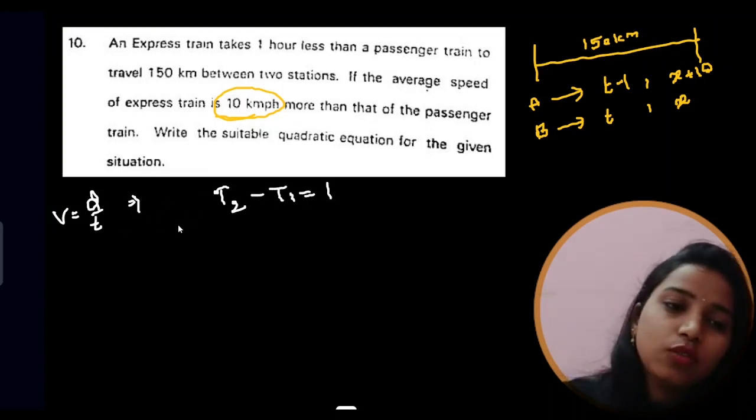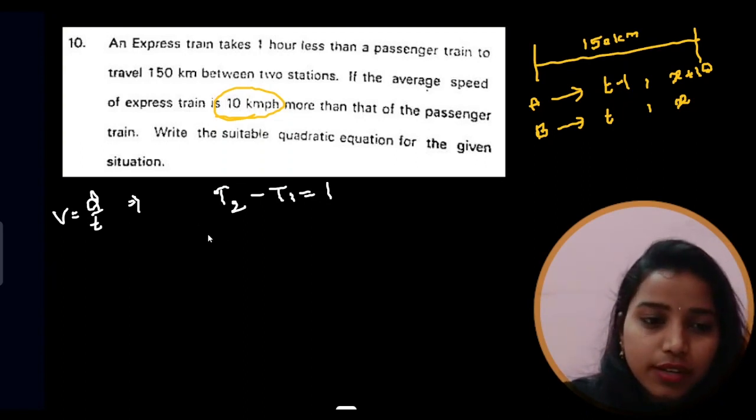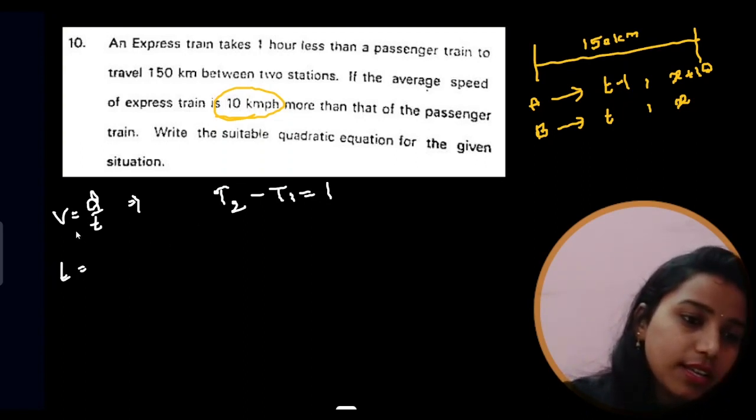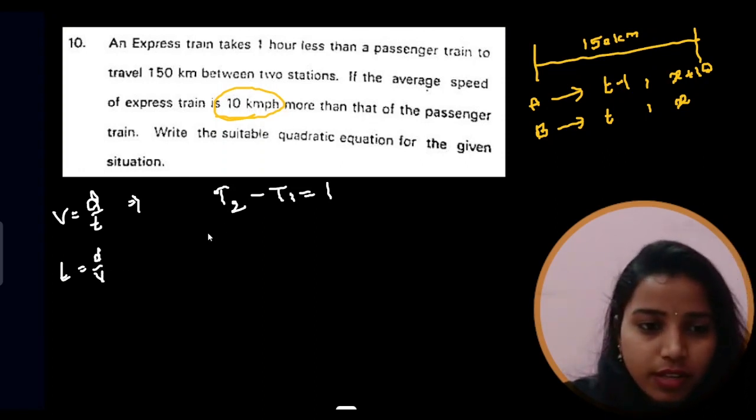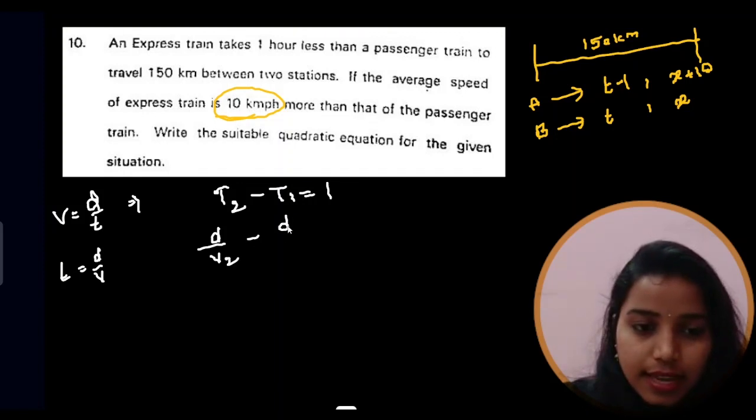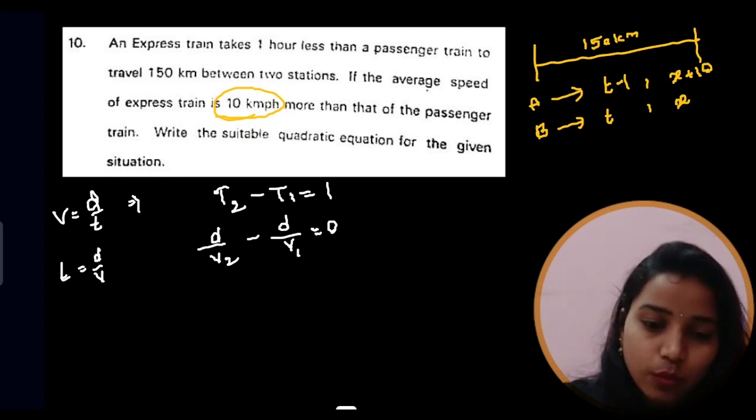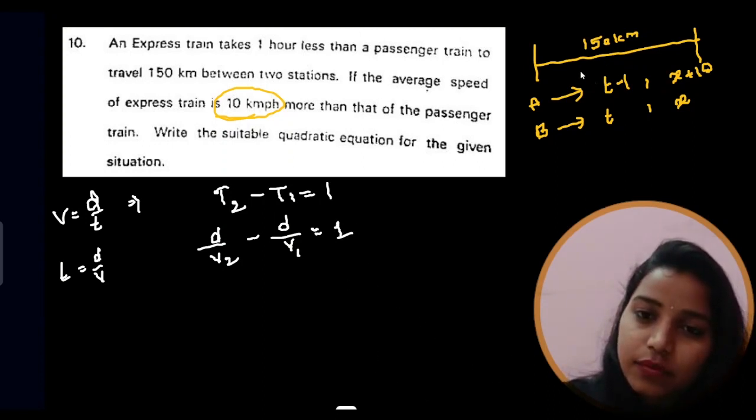So T can be written as d by v, and d anyway is 150. So d by v2 minus d by v1 is equal to 1. Here it is t1 and t2, and here it is v1 and v2, right?